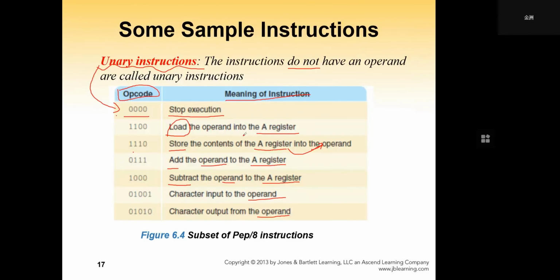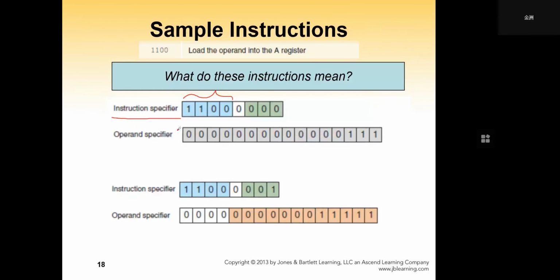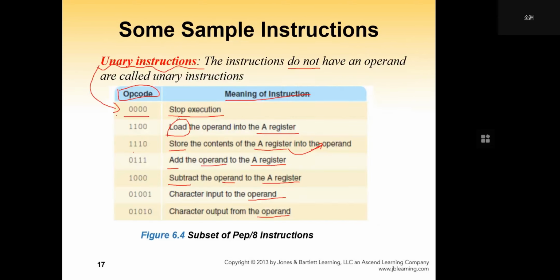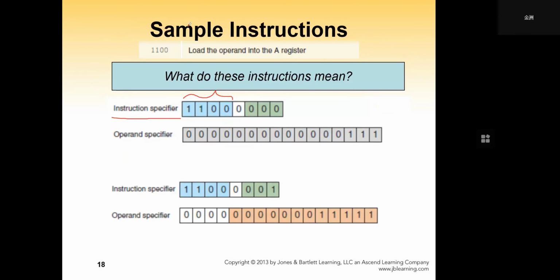We can check from this table. 1100 is this one, so I just copy it here for easier understanding. This instruction represents loading the operand into the A register.